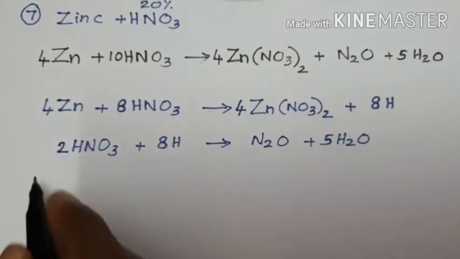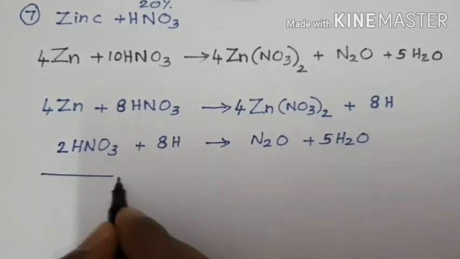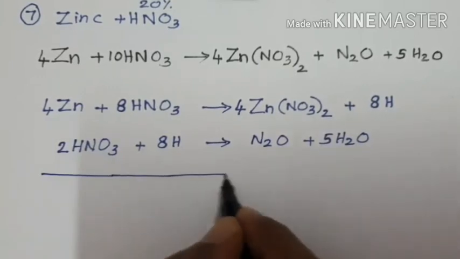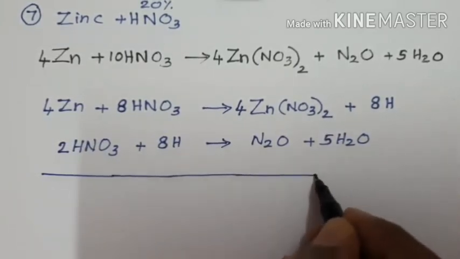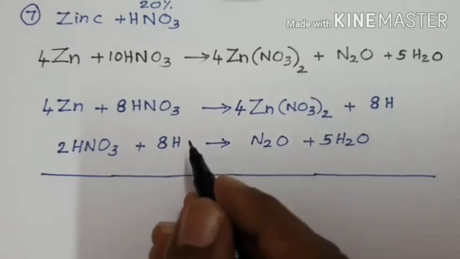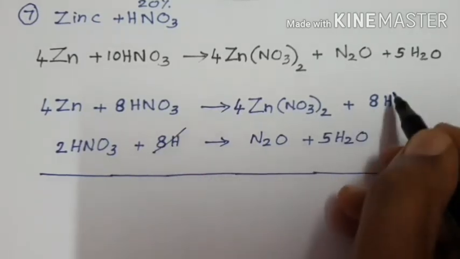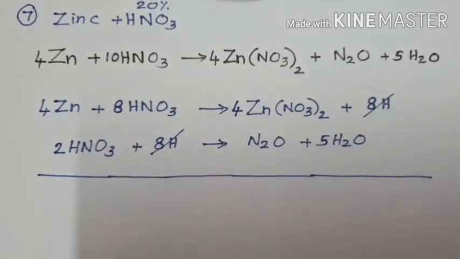When we add these two reactions, we cancel the molecules which are present equally on the right and left hand side, 8 hydrogen and 8 hydrogen. No other balancing is needed.